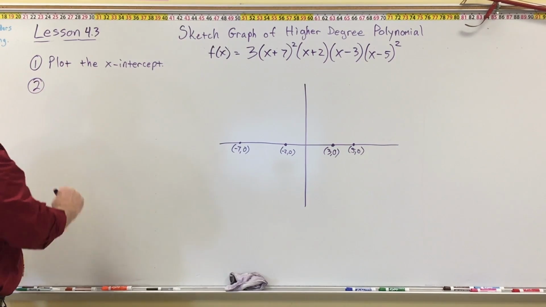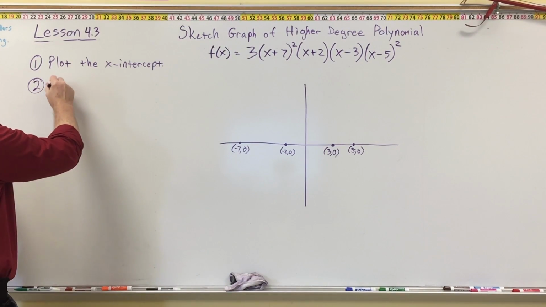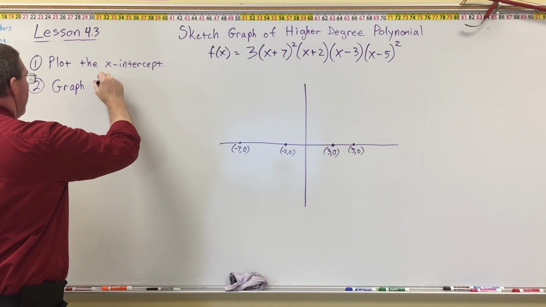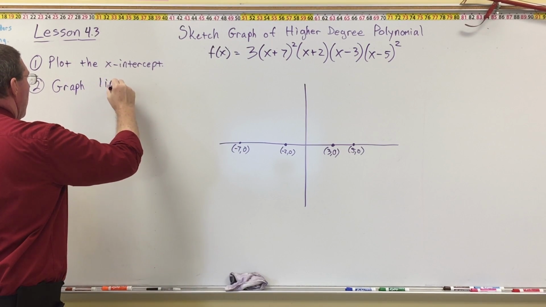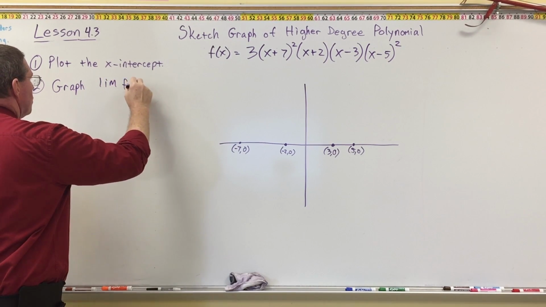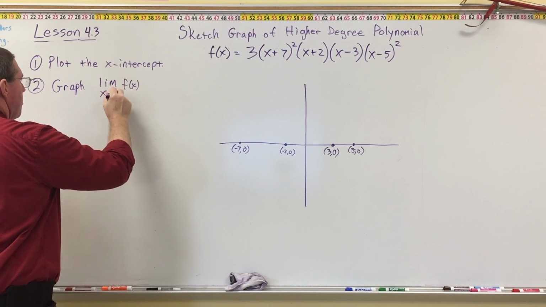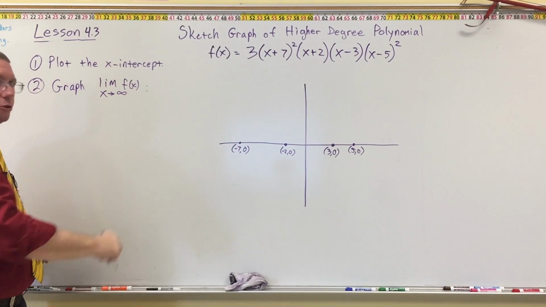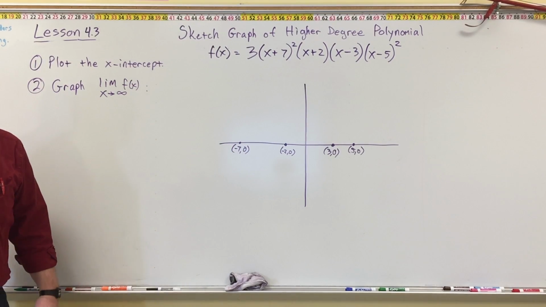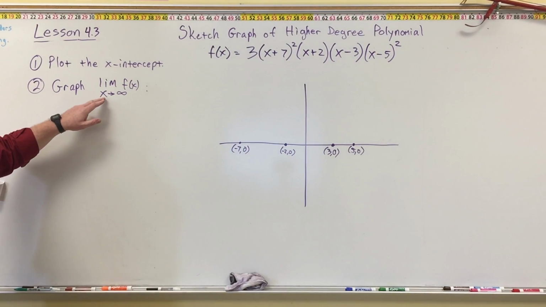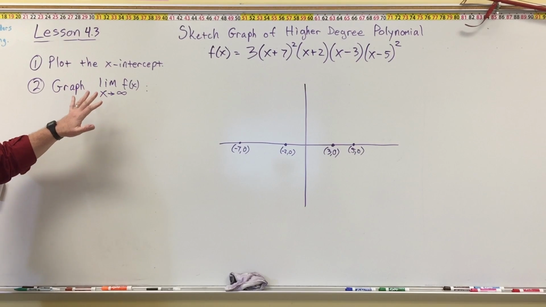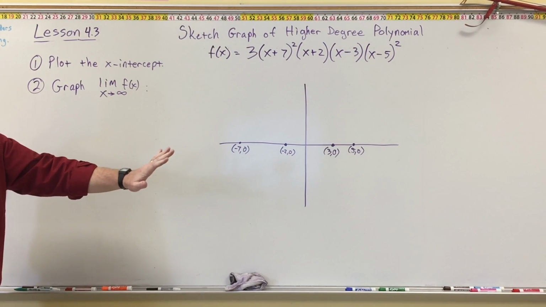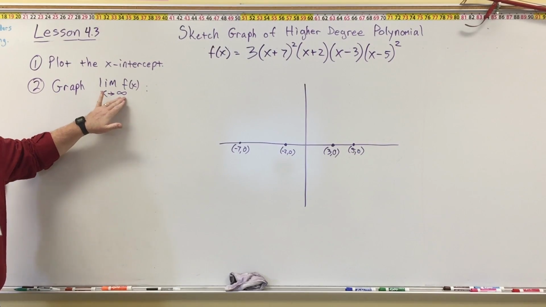All right. Second, here's what you're going to do. You're going to graph what I call the limit of the function, the limit of f of x as x approaches infinity. And I'm going to explain how to do that. So when I say side, I mean left side or right side of this graph, where is positive infinity?